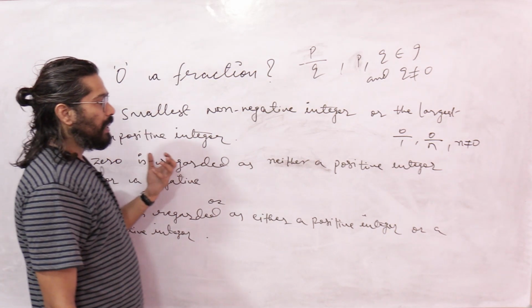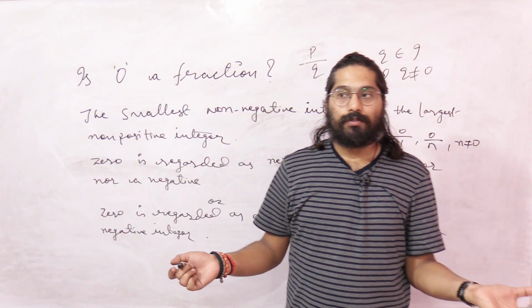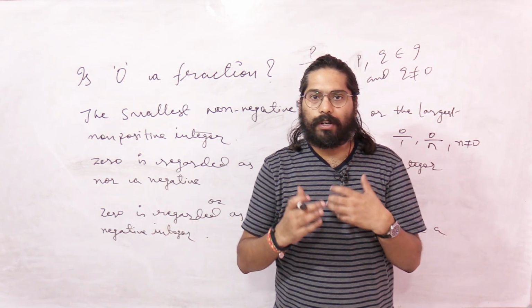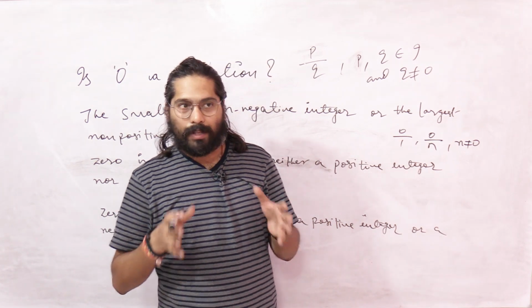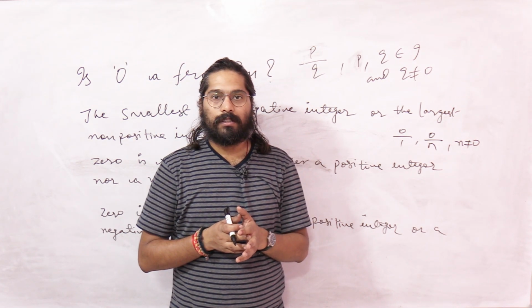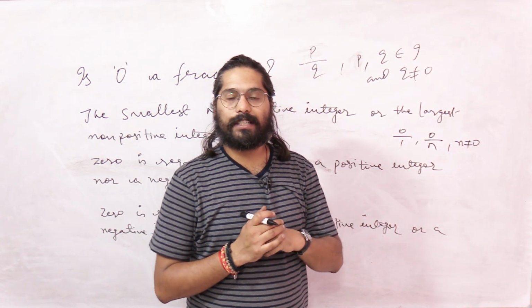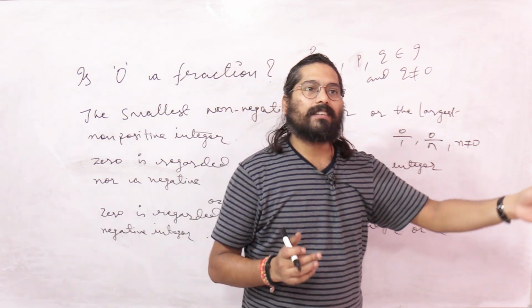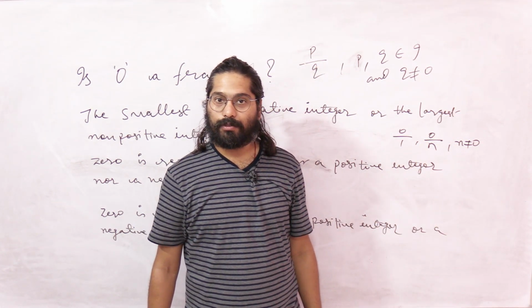Similarly, 0 can be regarded as neither a positive nor a negative number. So, 0 has many special qualities attached to itself. One thing that you should keep in your mind is 0 is definitely not an ordinary integer. Hence, you can't just say 0 is a fraction. That is not going to happen.